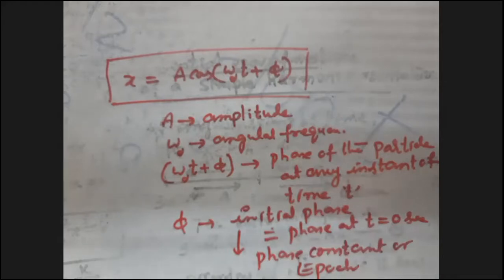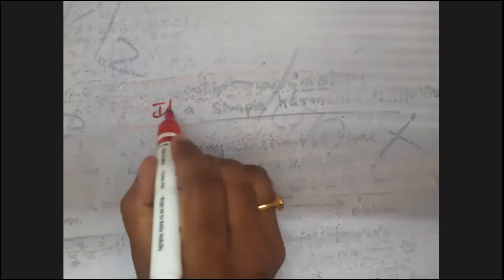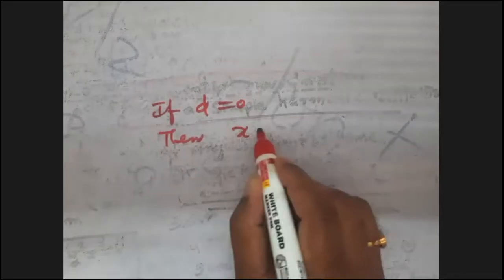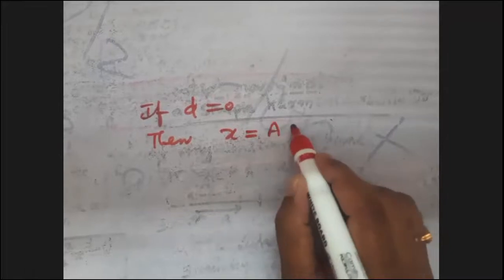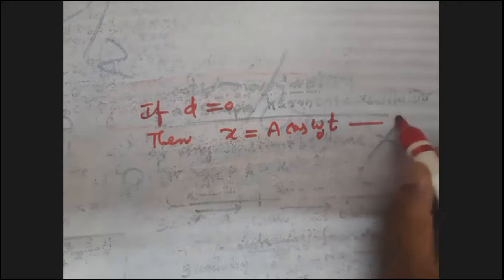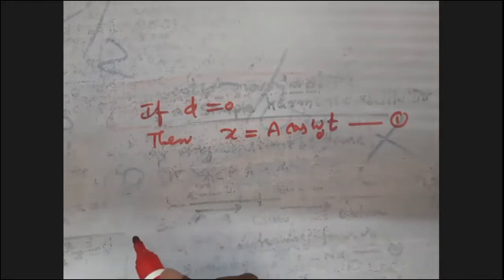Suppose the initial phase phi is equal to 0 at t equal to 0, then the displacement equation takes the form x is equal to A cos of omega naught t.